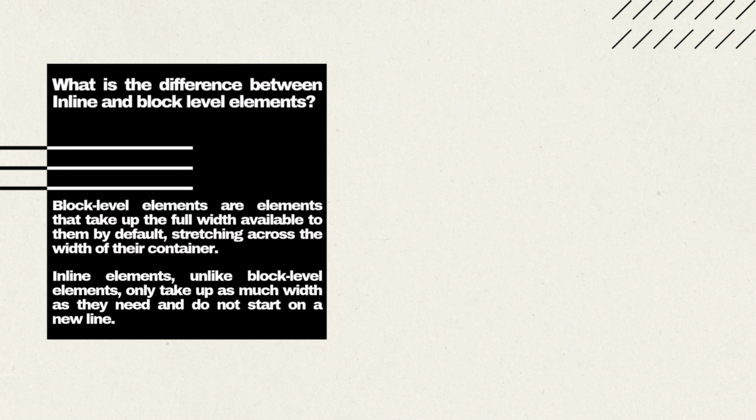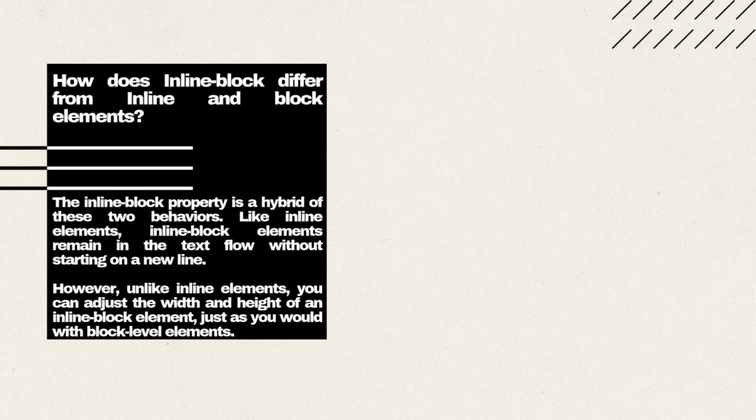So if you put an element next to them, it will be pushed to the next line. That's the difference between block level elements and inline elements. To set an element to block, you use the display property and give it a value of block. For inline, use the display property and give it a value of inline. All right, let's move to the next thing.